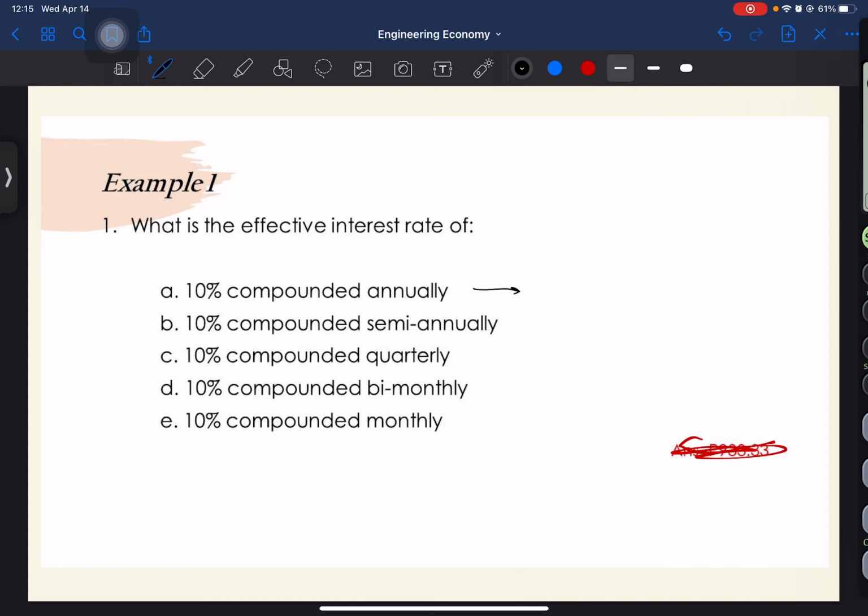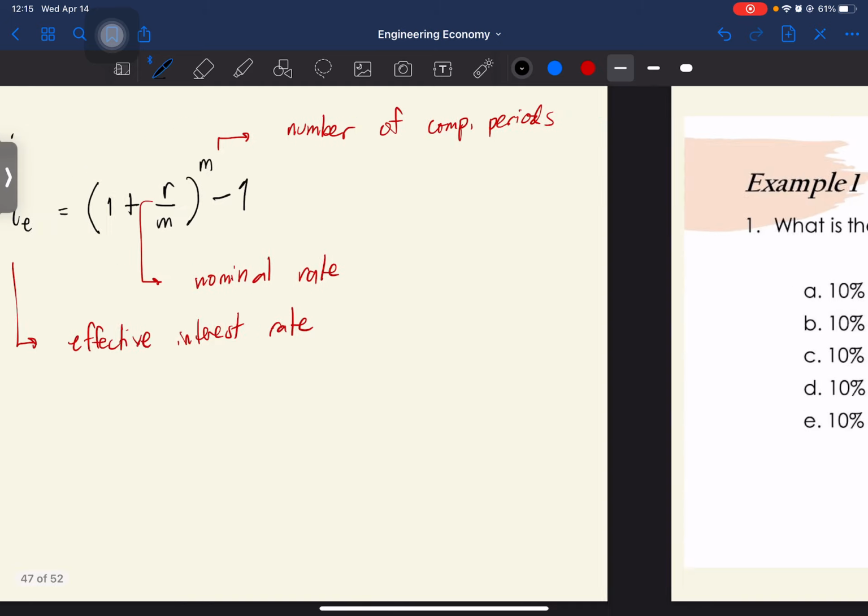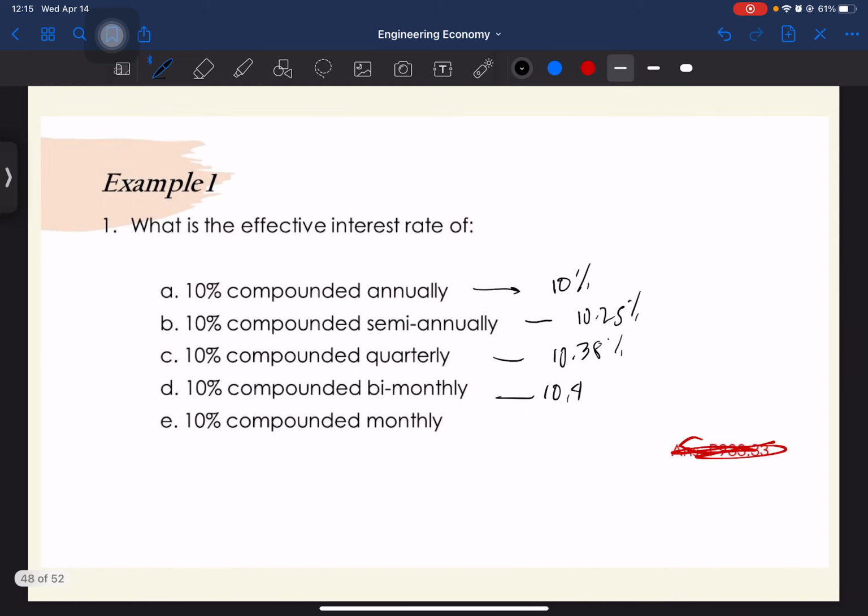Ibig sabihin, the only nominal interest rate that has the same effect as its nominal rate is when you compound it annually. Di ba? Anyway, yung sinagutan natin kanina na 10.25%, tapos 10.38, tapos 10.43, tapos 10.47, and that's it. Okay? So, yun yung mga sagot natin. You can just rewind the video back para dun sa solution.